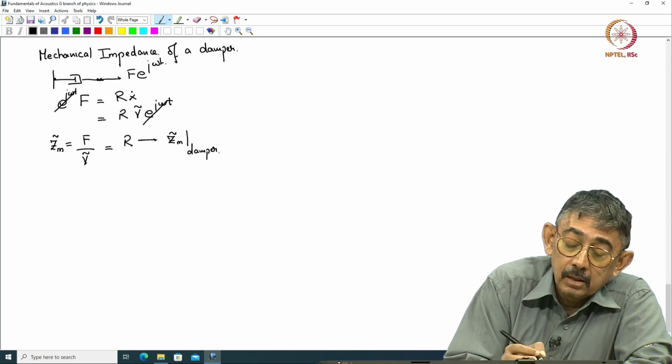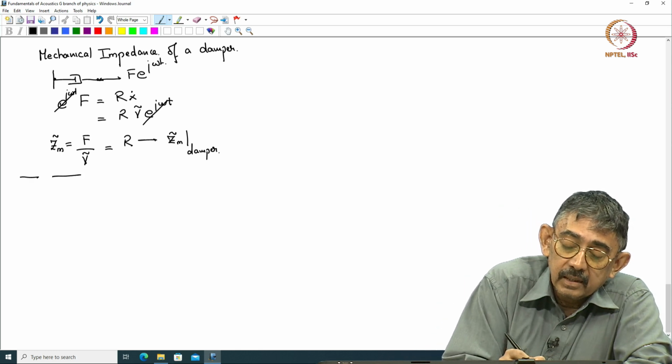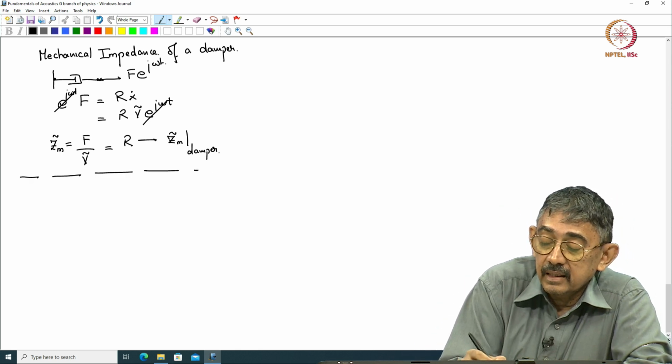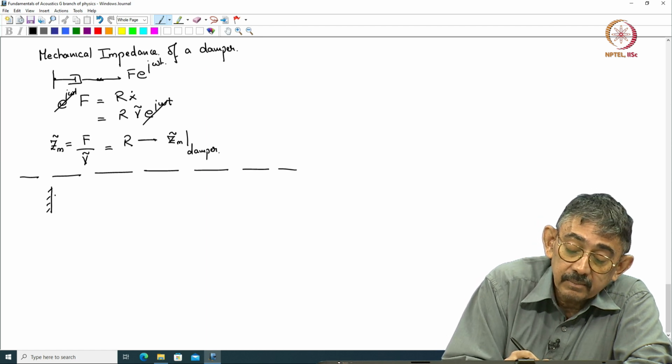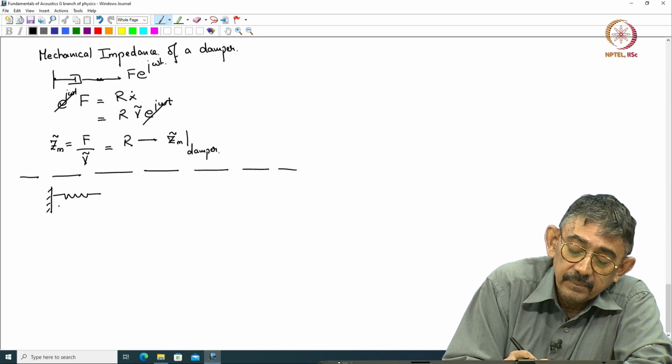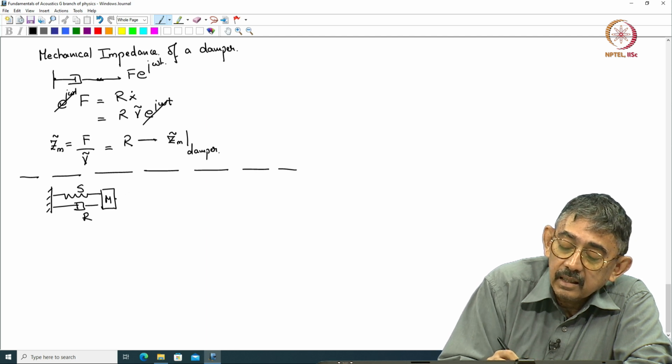Okay. So now if I have the system as shown before, a spring mass damper system subjected to a harmonic force.